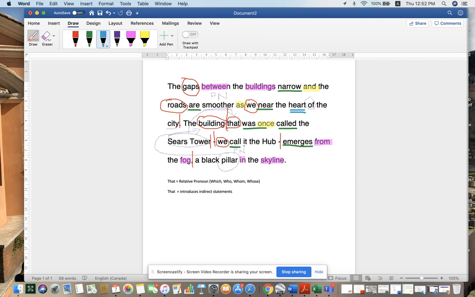And then what do we call it? Now, it is going to be a direct object, and we call it the hub. What do you think this is now referring to? Technically, you would be right. It is the building. But because it's in its own separate clause, it's actually describing it. See that?